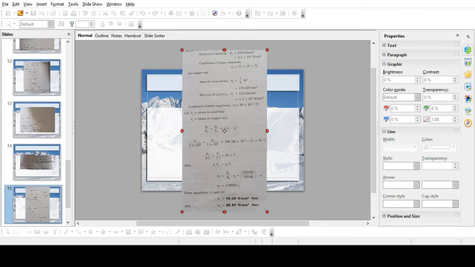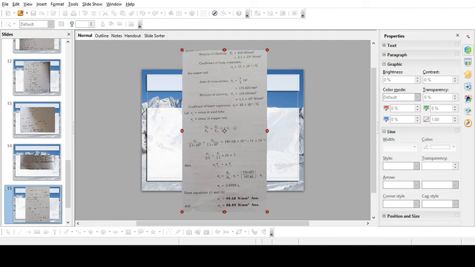Next, the coefficient of linear expansion. There are some mistakes: instead of sigma c it is written alpha here. Alpha c is equal to 18 into 10 to the power of minus 6 per degree centigrade.